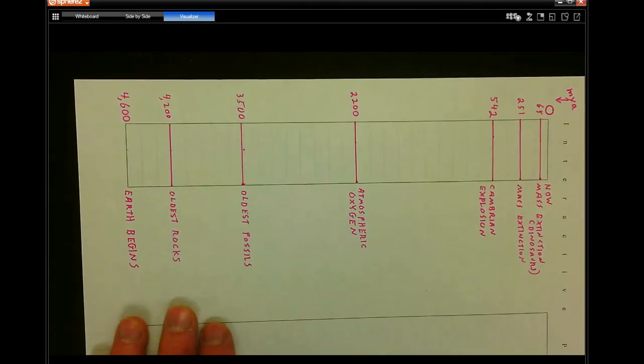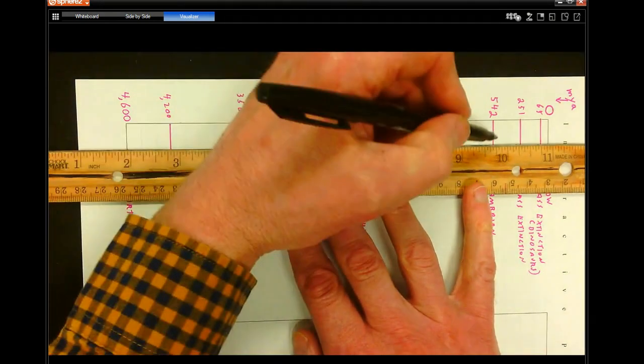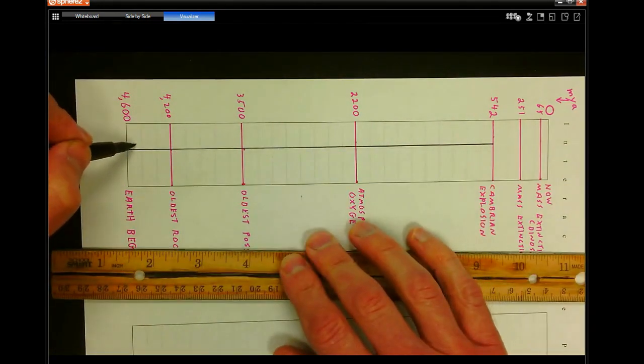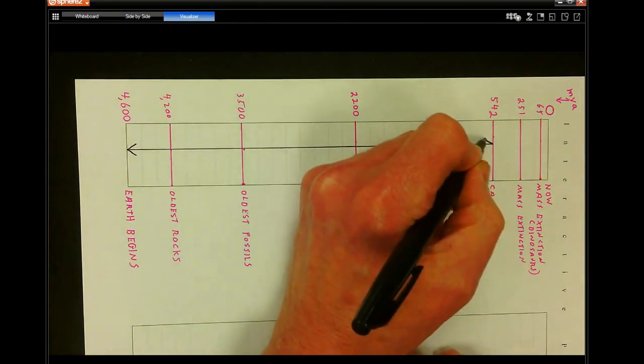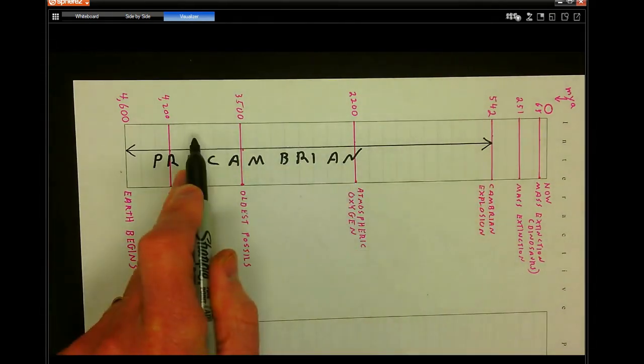So if I turn this sideways, everything that happened from the beginning of the Earth, from there, all the way to that Cambrian explosion, we're going to call the pre-Cambrian. So this whole time is the Precambrian.